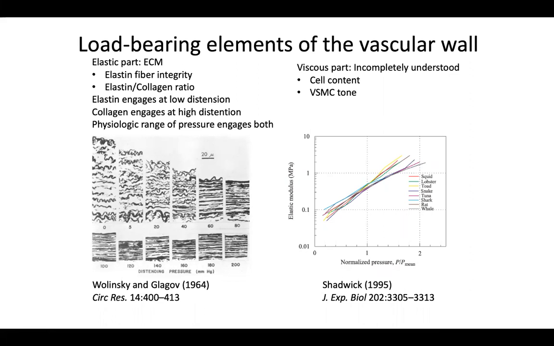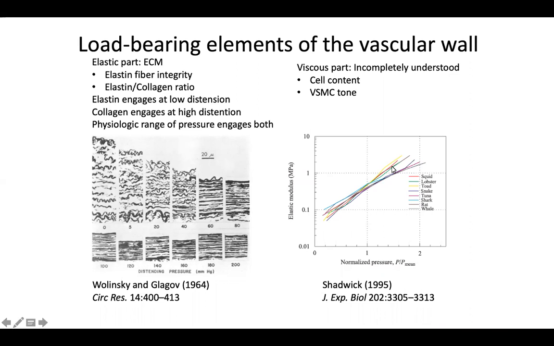You can see that the elastic fibers are undulating and squiggly when zero force is applied. But as we continue to increase the force, they become more linear and stretched out. So that's really what gives the elastic deformation curve that we see in the aorta.